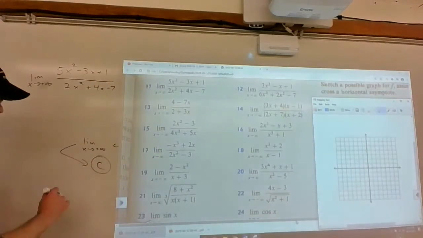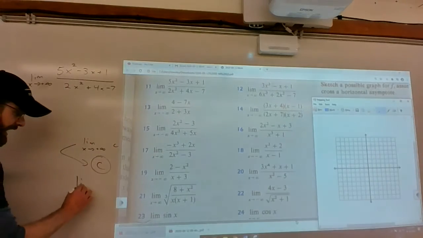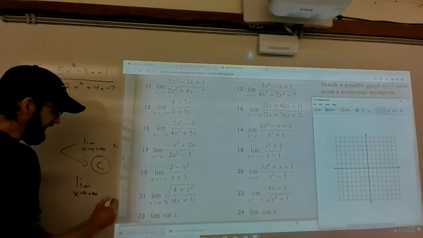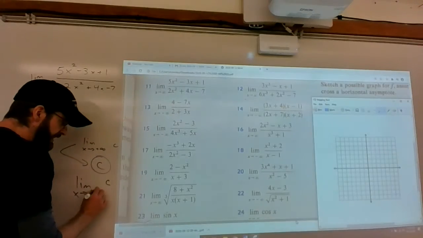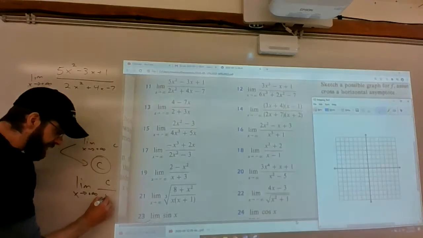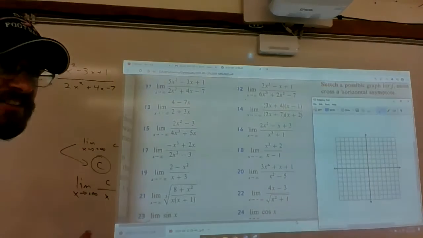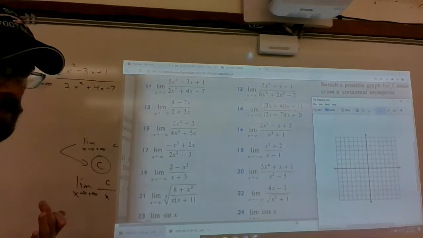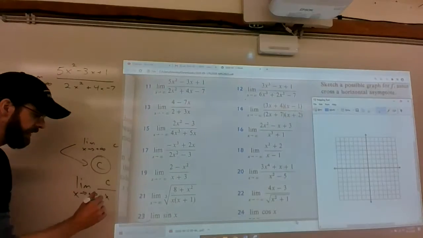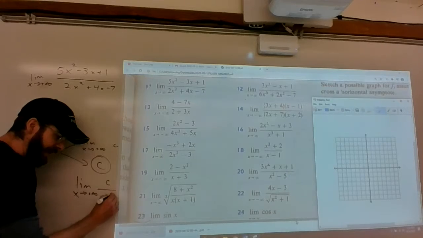Additionally, if you are taking the limit as x approaches infinity of a constant value divided by some variable, it could be x, x squared, x to the 90th power, x squared plus 3x, and so on. So I'm just going to say x to the n power.